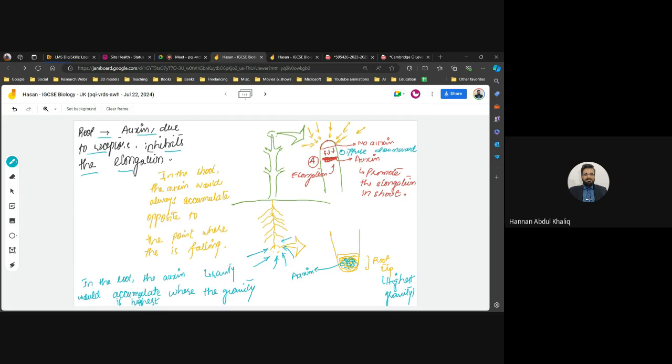Okay, now it means the point where there is highest gravity, the auxin would accumulate there and it would totally inhibit the elongation.